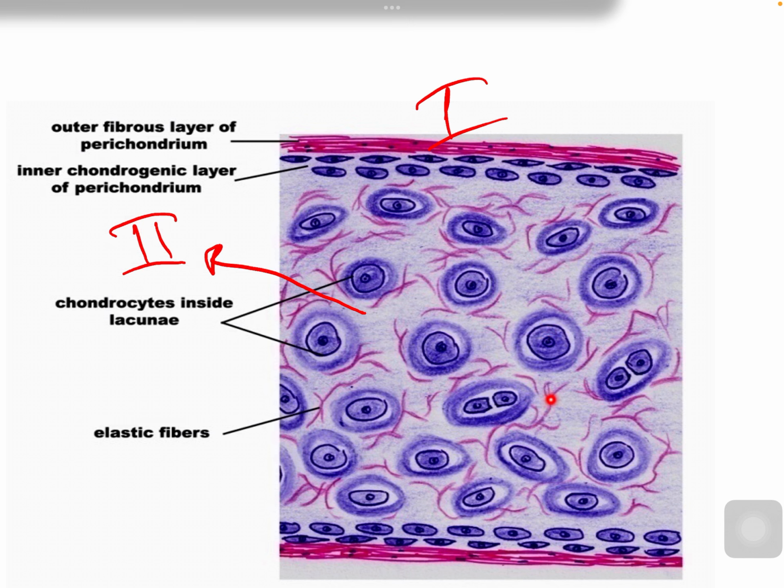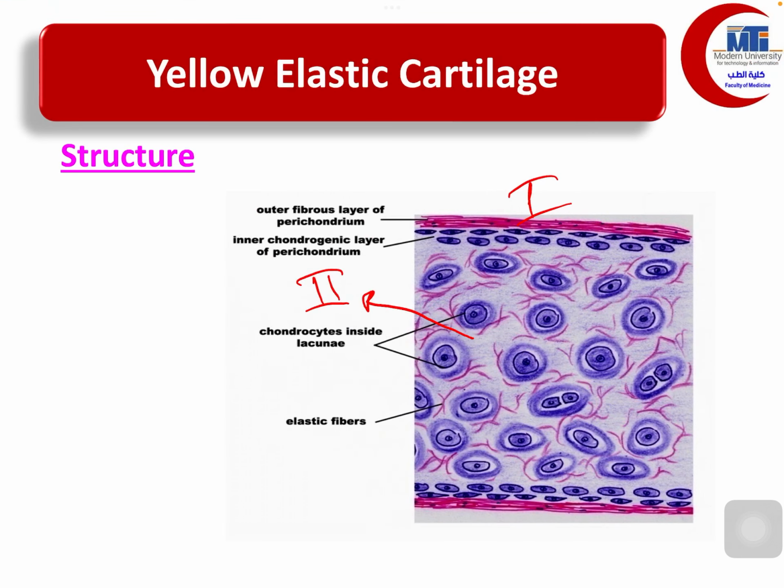The other type of the growth of the cartilage is termed interstitial growth, which occurs by the division of the chondrocytes inside the lacunae, forming two cells inside one lacuna, where each of these cells starts to grow and become separated inside its own lacuna from the other cell.